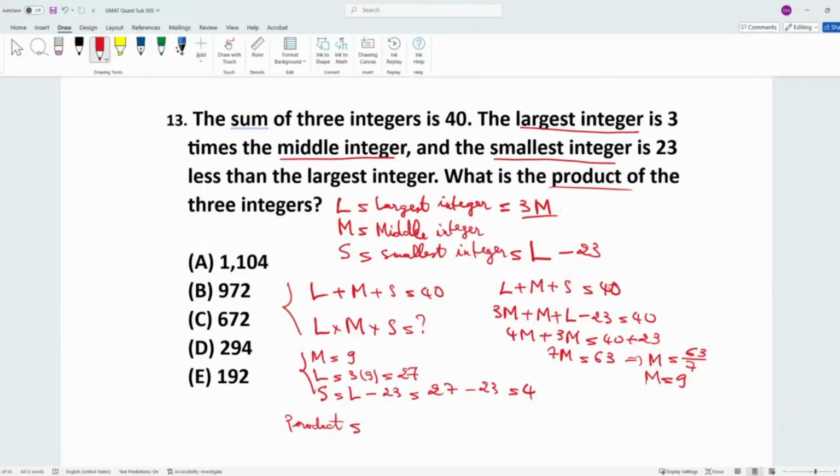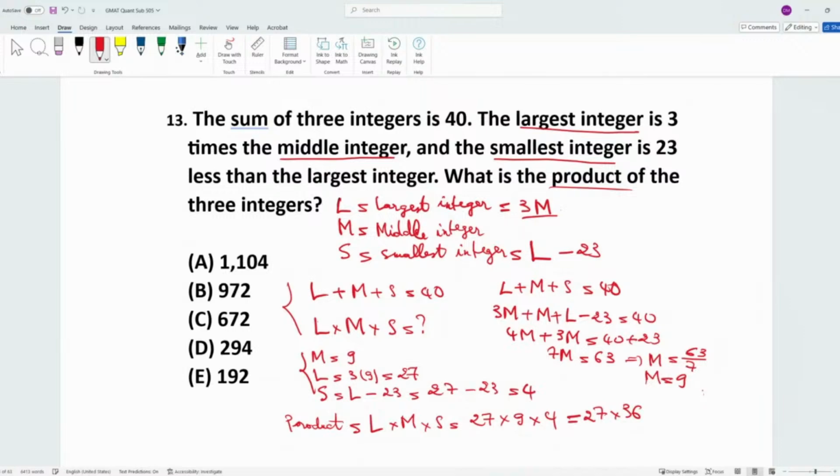The product of the integers will be L times M times S, that is 27 times 9 times 4, which will give us 27 times 36.